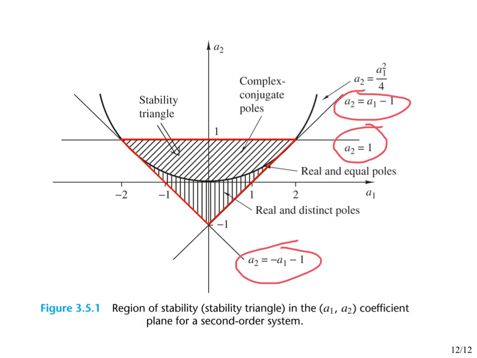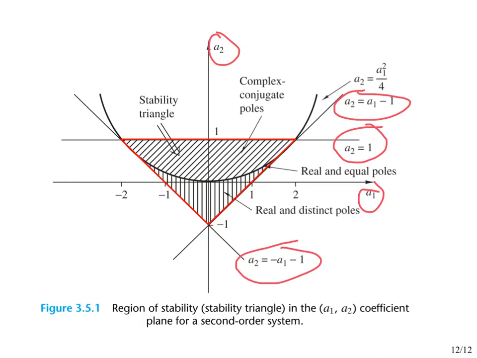We are on the A1, A2 plane, so any point on this plane corresponds to a value for A1 and a value for A2. Each point on this plane specifies a particular two-pole subsystem, and if the point that defines that subsystem lies inside this triangle, it's stable.